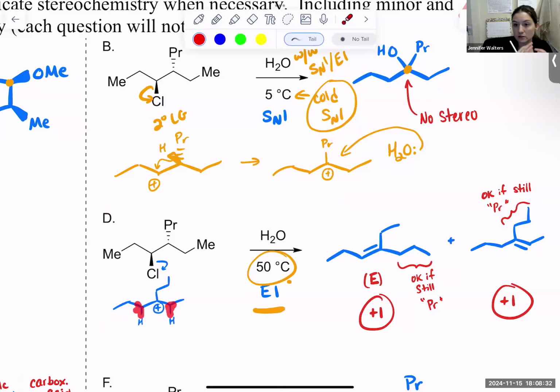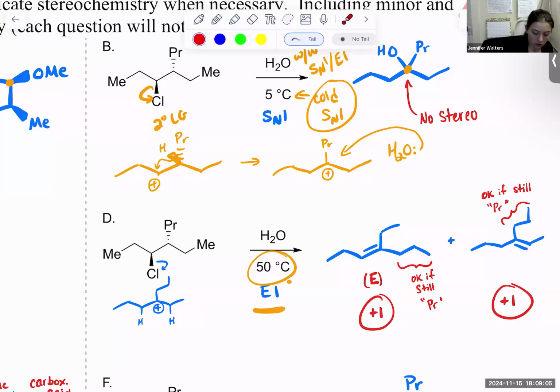There is nothing differentiating that left or right side in terms of number of substituents. No matter what, I'm going to end up with a tri-substituted alkene. So I get both tri-substituted alkenes. You must make sure, though, that you have it rotated to get the E alkene. So if I make the double bond here, these had to switch first in order to get my E alkene. I can't make the Z alkene.